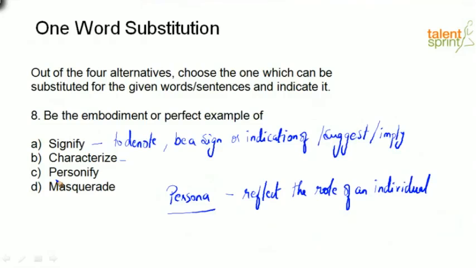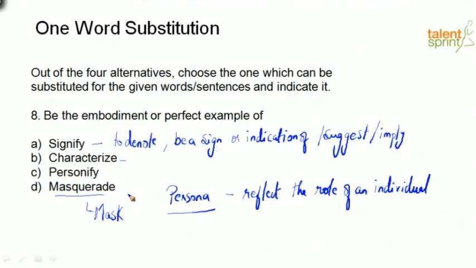Masquerade is putting on a mask. It's like a false outward show. You're putting on a deceptive appearance. Right? This again is very exclusive. Keep the word mask: masquerade, putting on a mask.